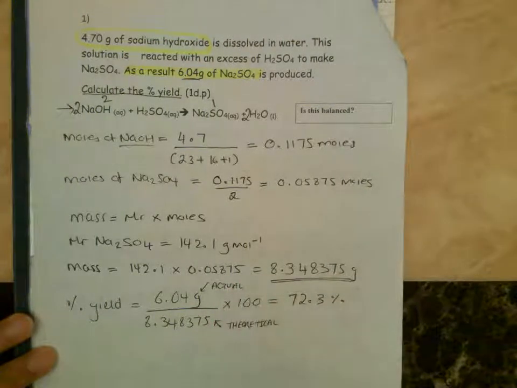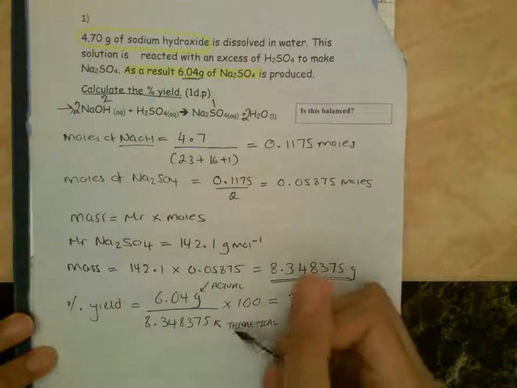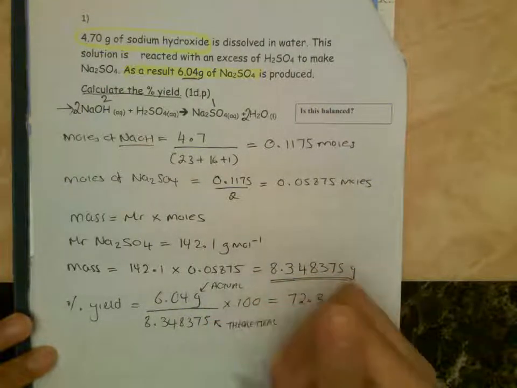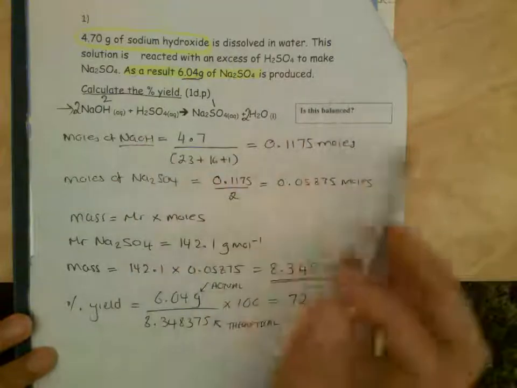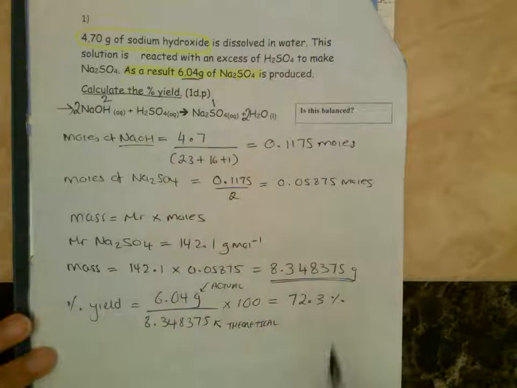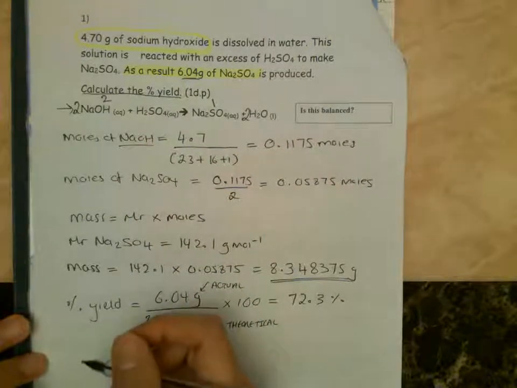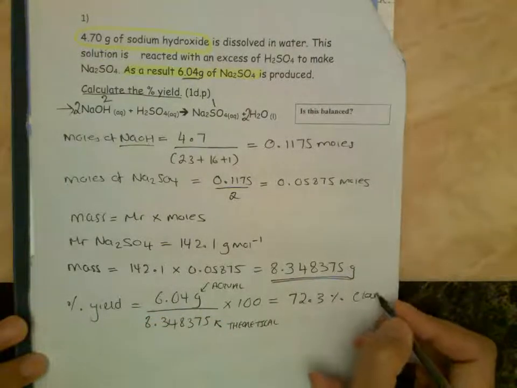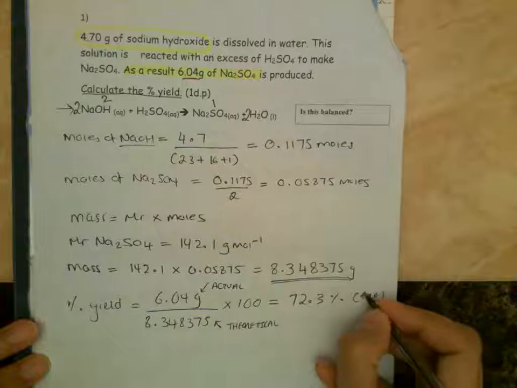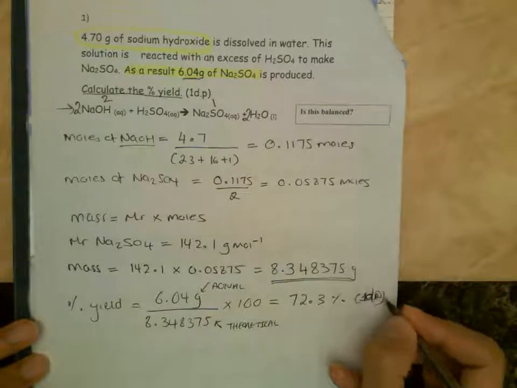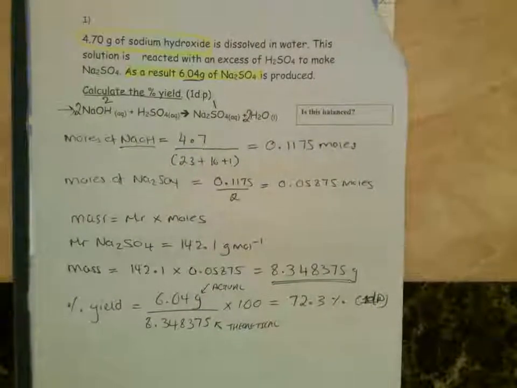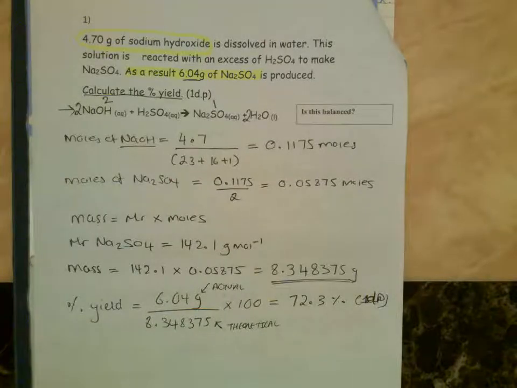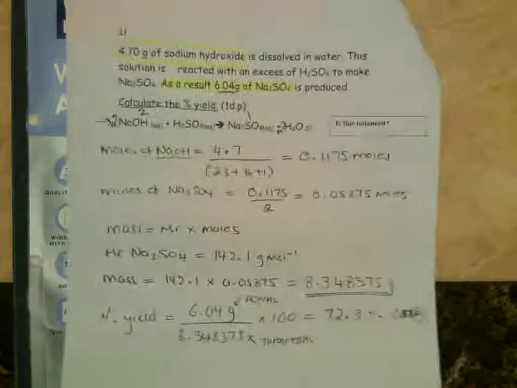This is one of the easiest ways to do it. Make sure that you label it if you ever do get confused, because there are a lot of numbers involved. And we end up with 72.3 to one decimal place. That is that for that question.